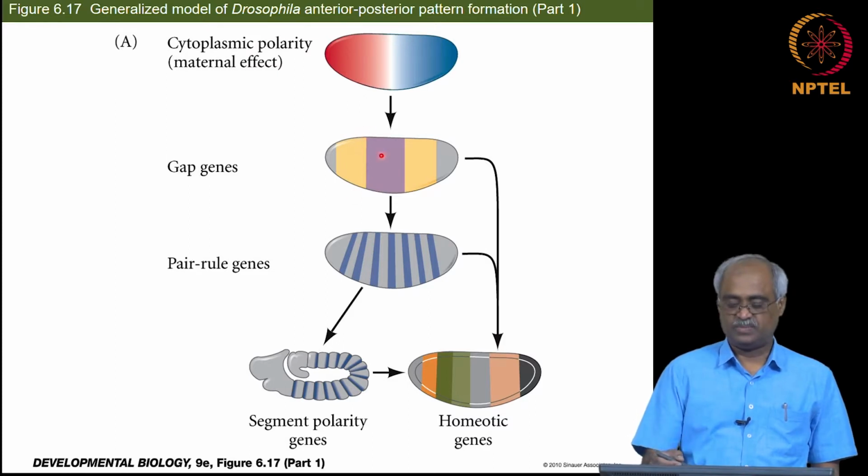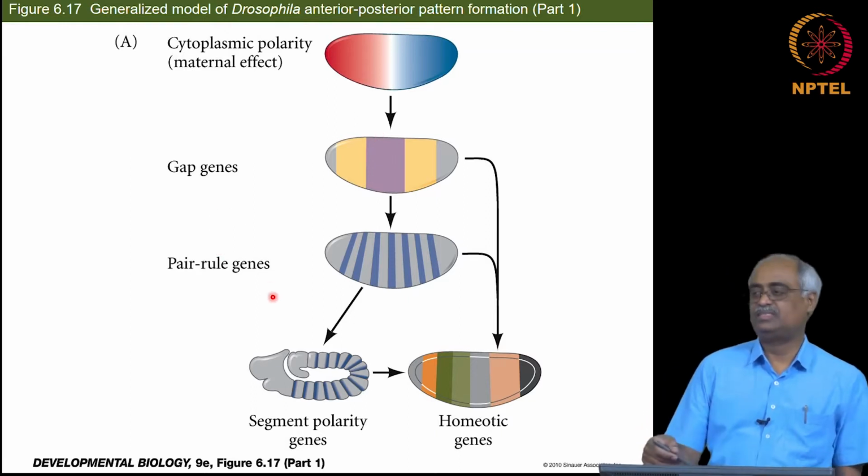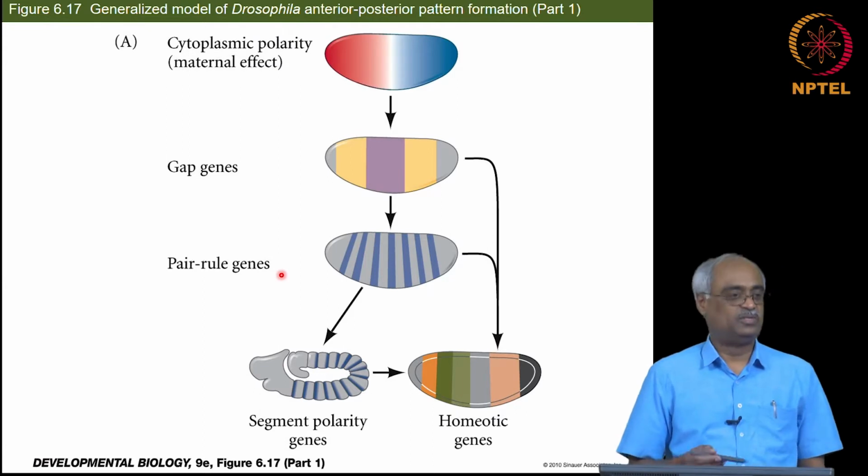So, these stripes are not showing any overlap, but they do overlap, like for example, this orange color may overlap some part of this purple, and purple may overlap this, and that overlap and exclusively this orange or exclusively purple, all of that matters in terms of which set of next genes are going to be turned on, and they are called the pair rule genes.